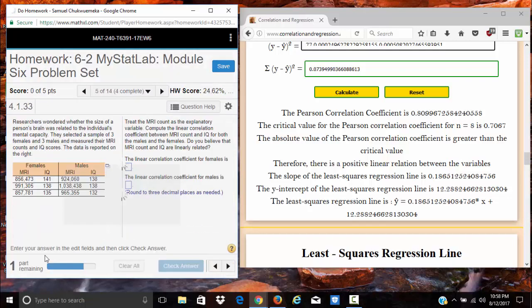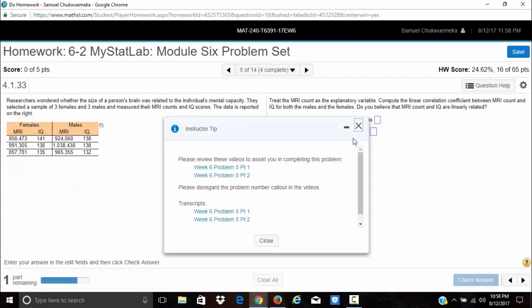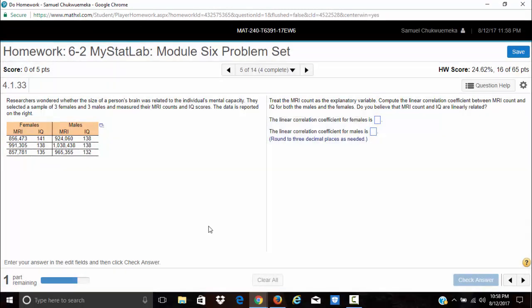All right, Question 5. Later you can look at the instructor tip. Researchers wondered whether the size of a person's brain was related to the individual's mental capacity. They selected a sample of 3 females and 3 males and measured their MRI counts and IQ scores.